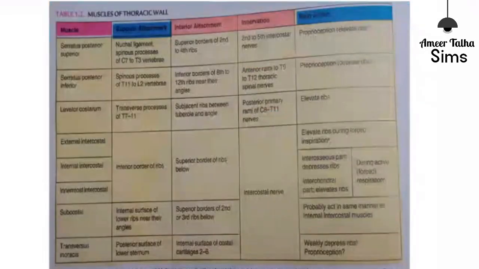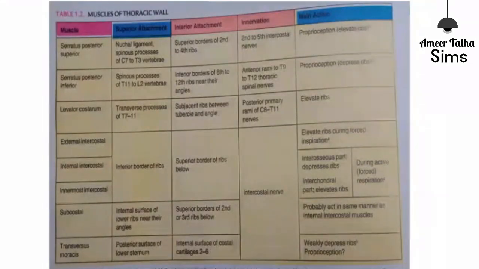Among the muscles of the thoracic wall, we have axioappendicular muscles, which connect the upper limb to the thorax. In the axioappendicular muscles, we have pectoralis major, pectoralis minor, and the inferior part of the serratus anterior muscle, which you have already learned in your upper limb.